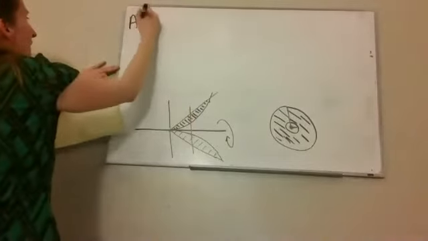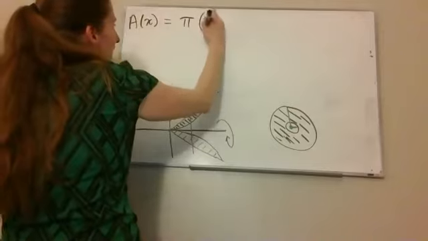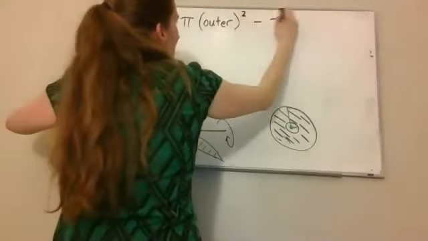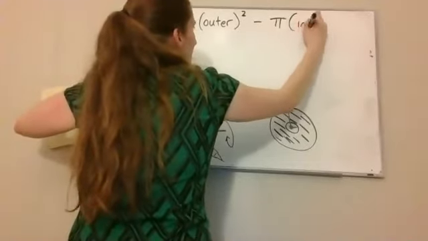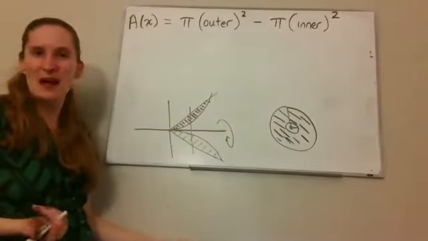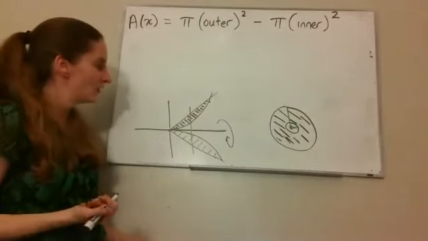So my area function is going to be pi times the outer radius squared minus pi times the inner radius squared. So now we just have to figure out what the outer radius and the inner radius are, looking at our graph.